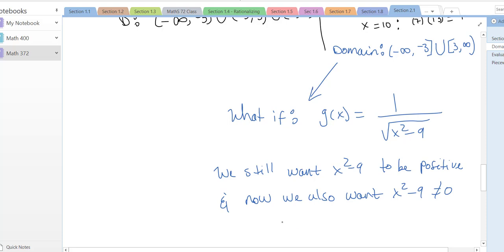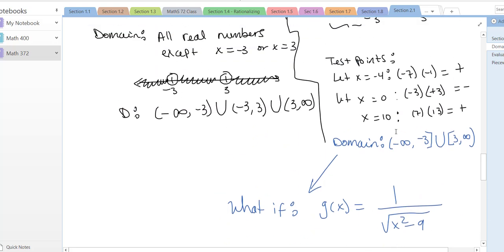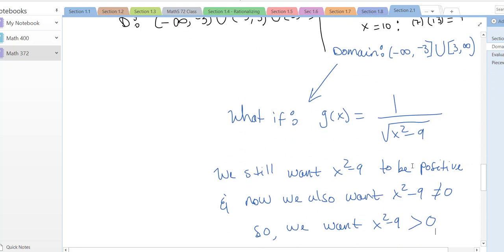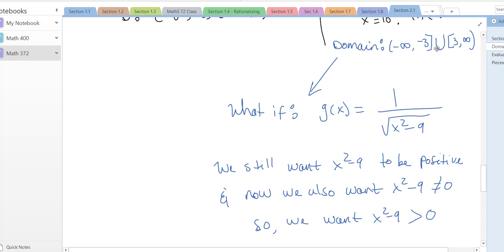So the only thing that changes is that we want x squared minus 9 to be strictly greater than 0. So the solution of the domain for this function g of x will be the same as this, except that instead of brackets at -3 and 3, you're going to have parentheses because now it's not included.